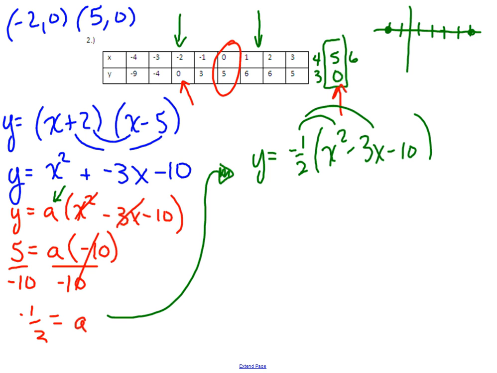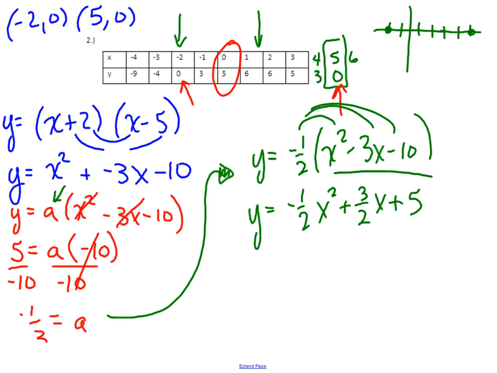And again, distribute through, and then we're finally done. Now here we have a negative times a negative, so it's plus, and then a half times 3. I'm just going to leave it as 3 halves. If you want to put 1.5x, that's fine. And then negative times negative again is a plus, and half of 10, or 10 times a half, is 5. Okay.